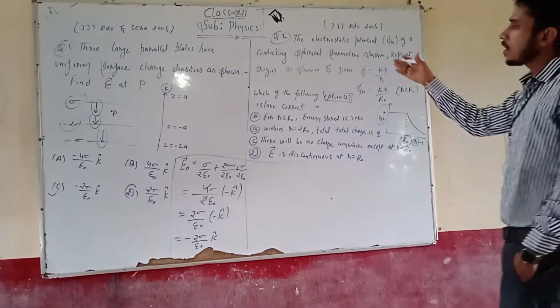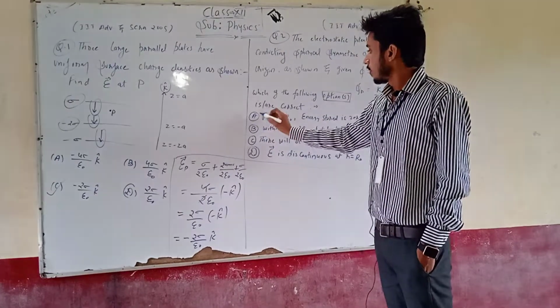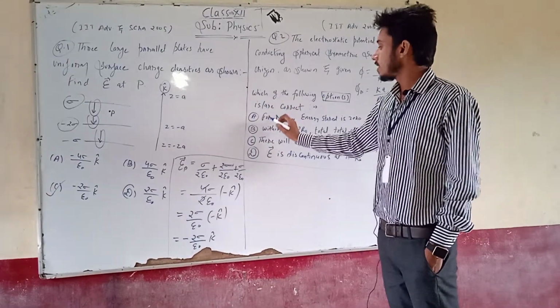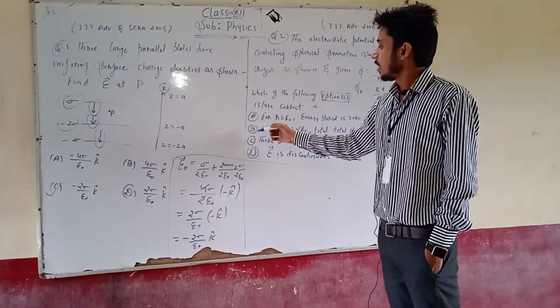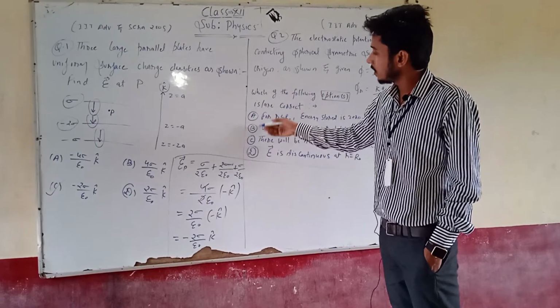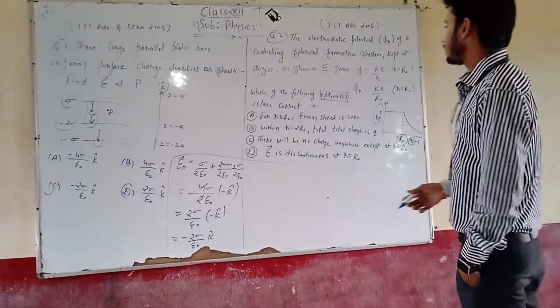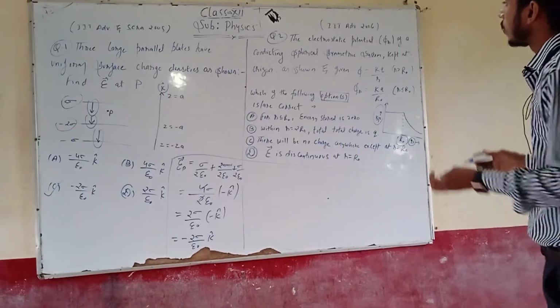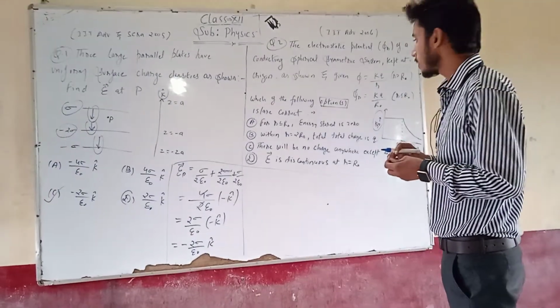IIT used to ask such questions in which there is more than one possible answer. So the correct answer of this particular question may be A, B, C, D, or AB, or BC, or CD, or ABC, or even all the four options. So we have to check all the options one by one carefully, right?